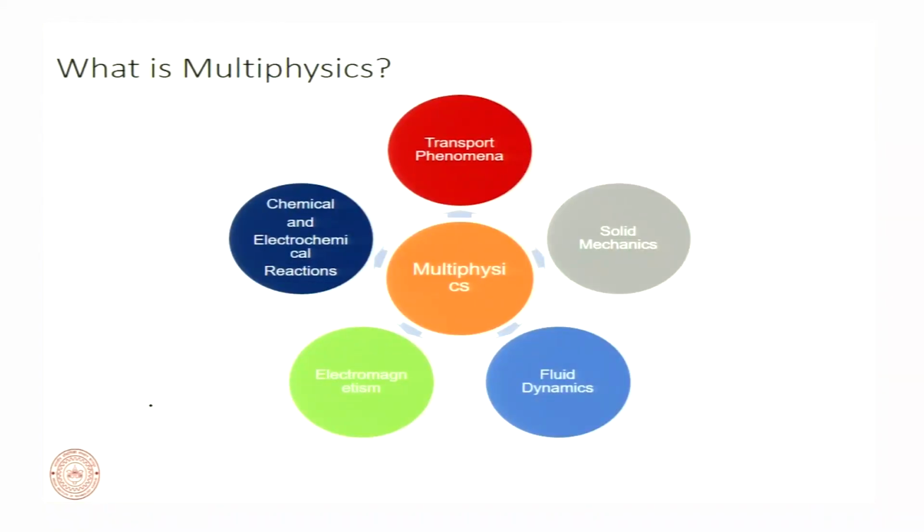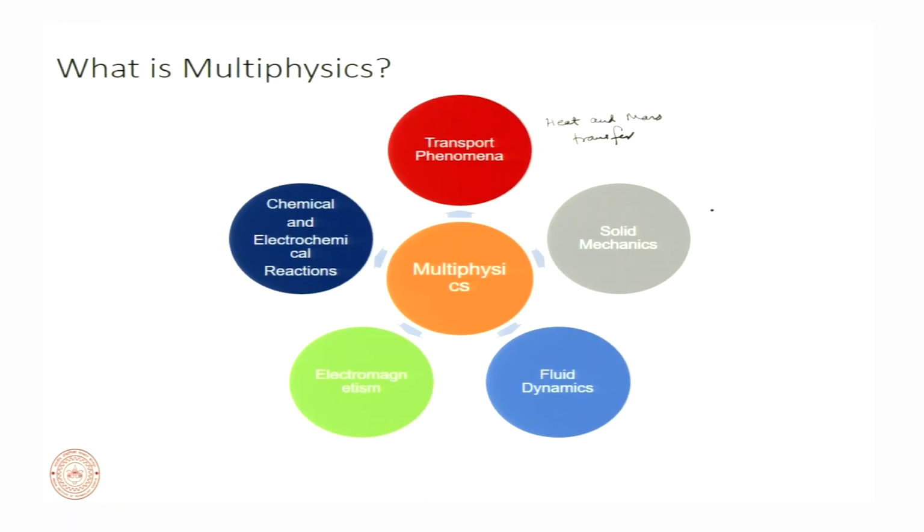Okay, so just a brief introduction of what is multiphysics. Multiphysics, as the diagram shows over here, is a combination of different physical phenomena together to make a system or an entire system. So a multiphysics simulation or a platform is able to simulate transport phenomena, which will be a combination of heat and mass transfer. We will have solid mechanics.